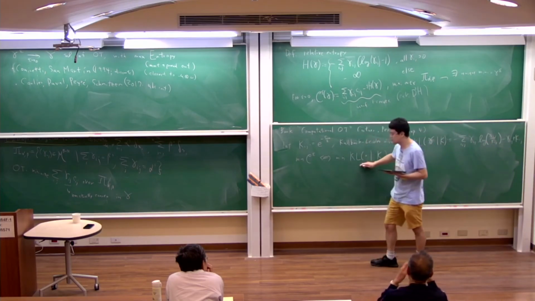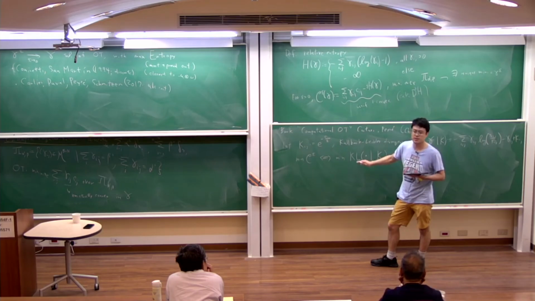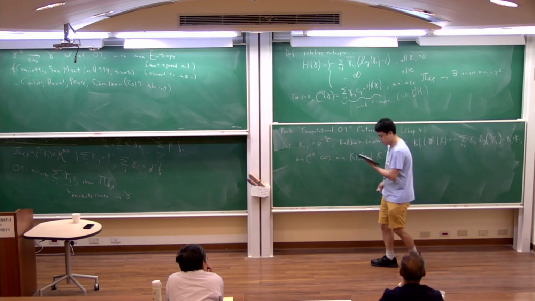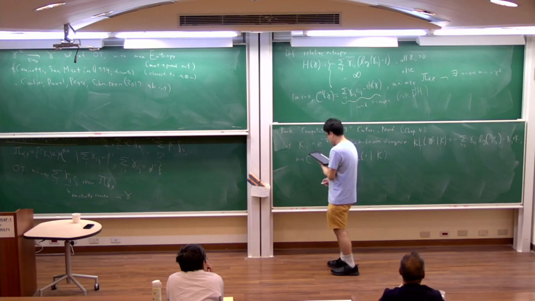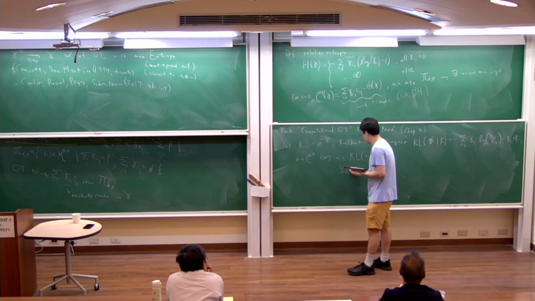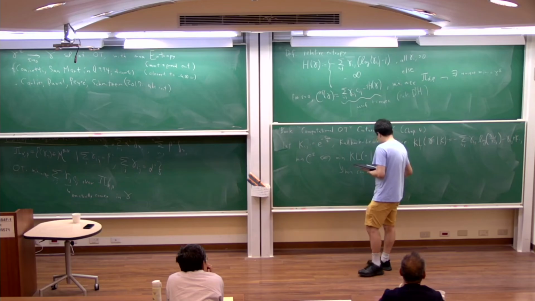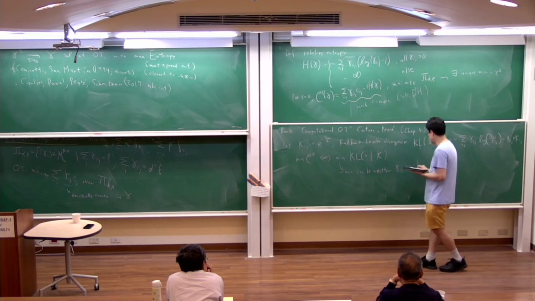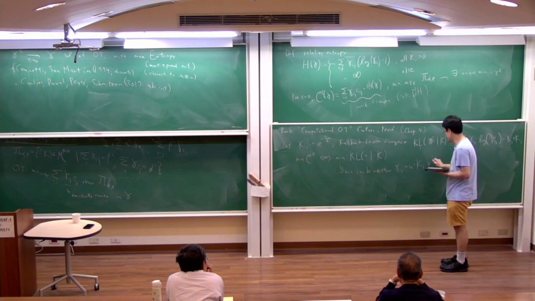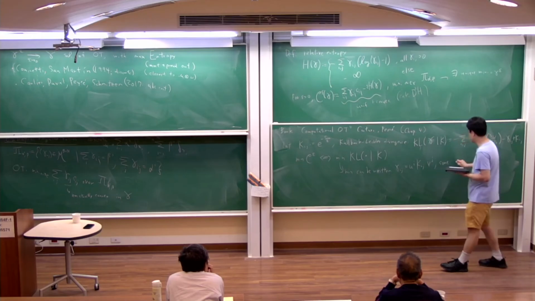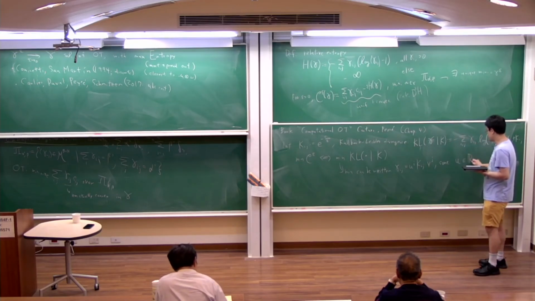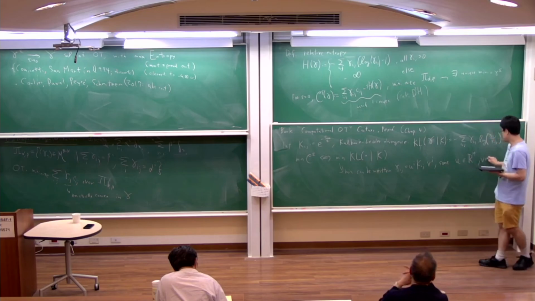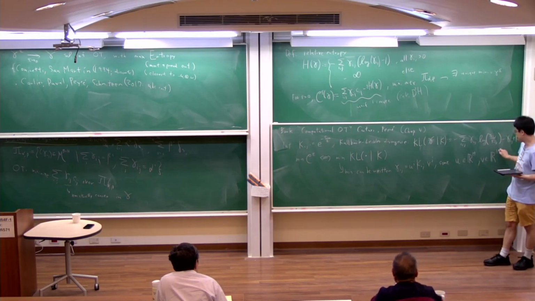A minimizer can be written as a very special factorization of matrices: gamma ij is equal to u i K ij v j for certain vectors u in R^m and v in R^n.